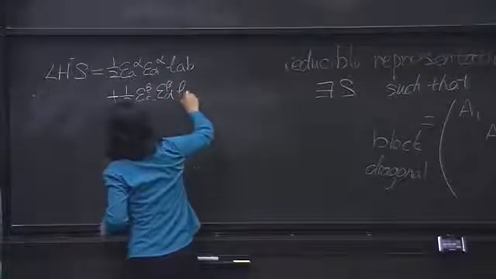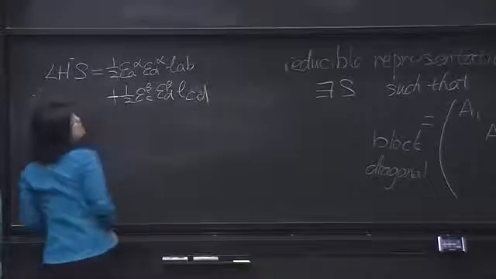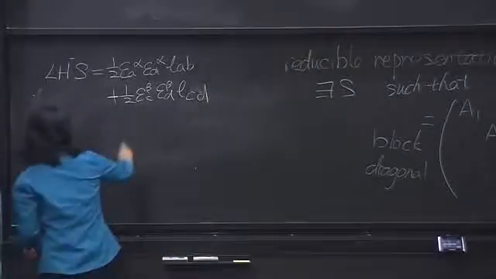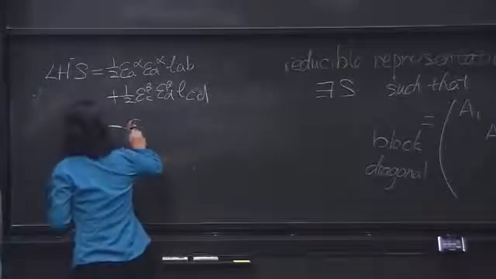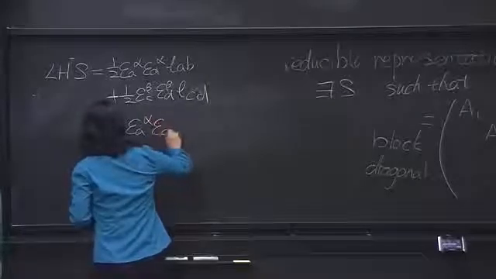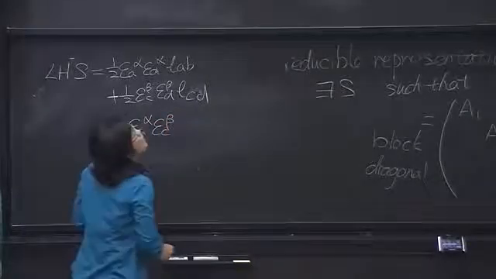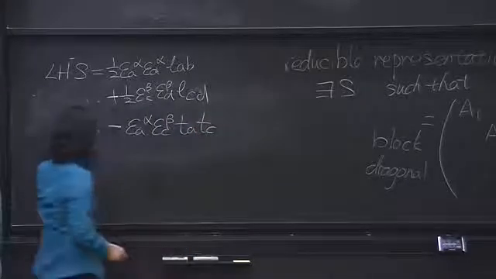And then there is the cross term. The cross term, 2 i's give me a minus sign, and then we have epsilon A alpha, epsilon C beta, and TA TC.